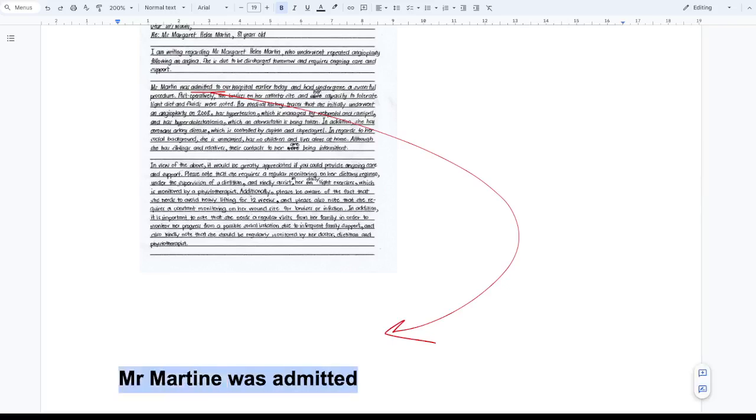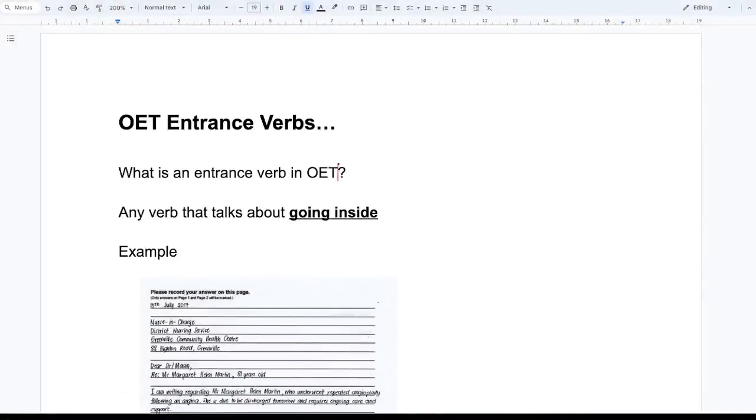Admitted is a very common verb that we use in OET to talk about going inside a hospital, of course. So today we're studying entrance verbs. Main example, admitted.